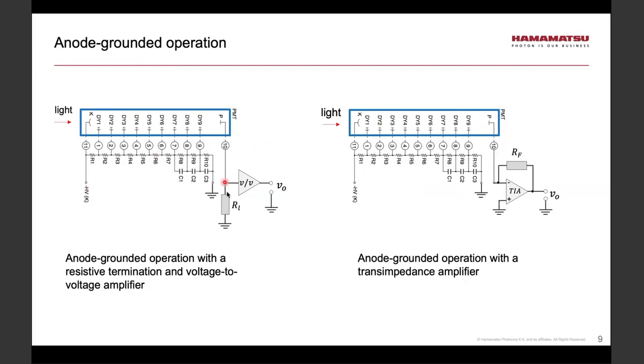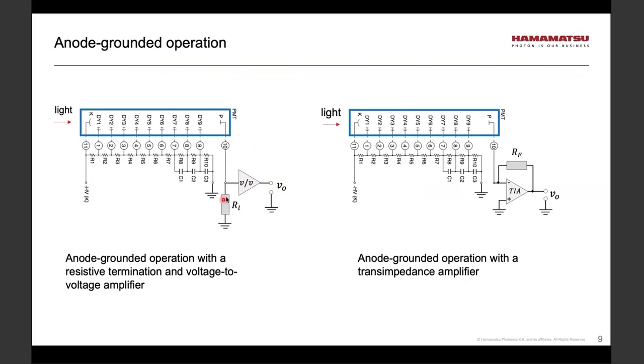In this case, not exactly at the ground because of this load resistor, but hopefully close to it. The conventional current flows into the anode, and so we would have some negative potential at this point at the load resistor using Ohm's law, and that voltage then would be amplified by, say, a voltage amplifier to give us some output voltage.